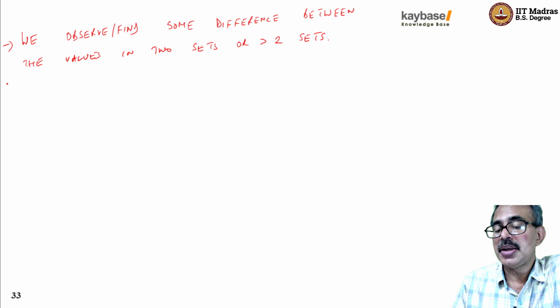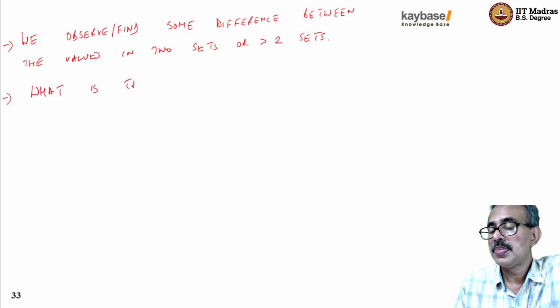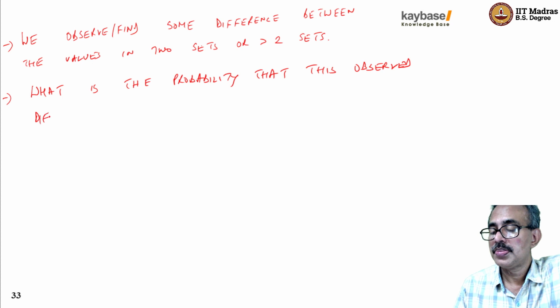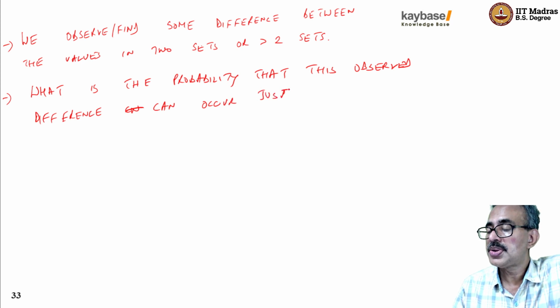Significance testing is telling us what is the probability this observed difference can occur just because of chance.